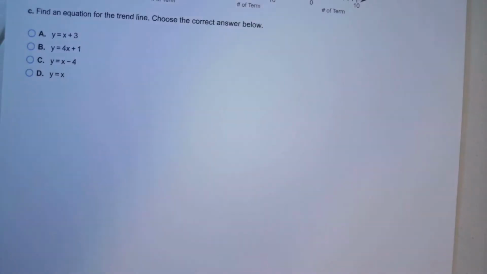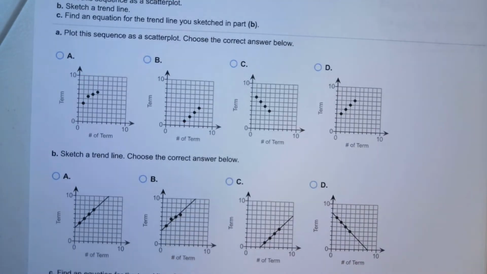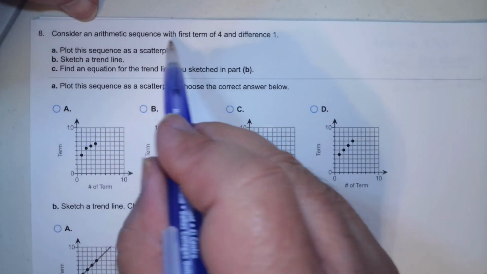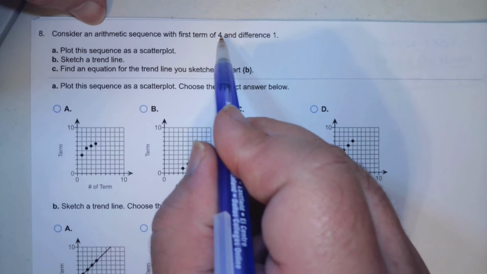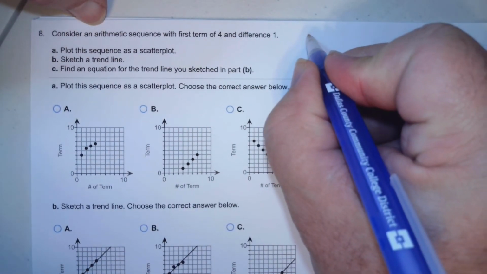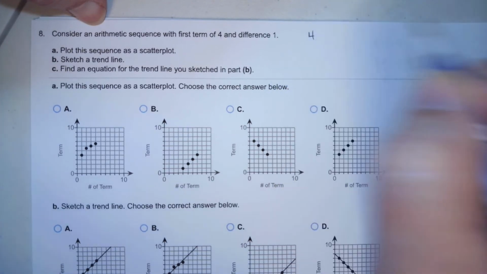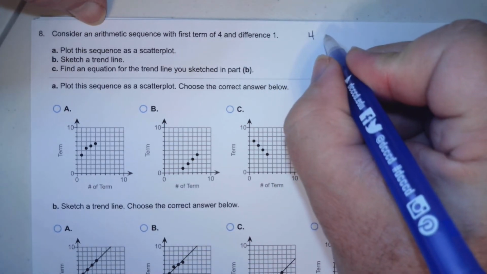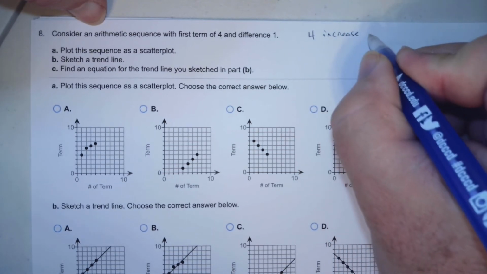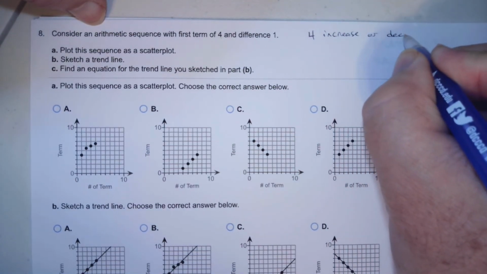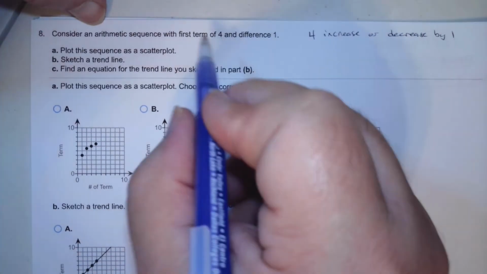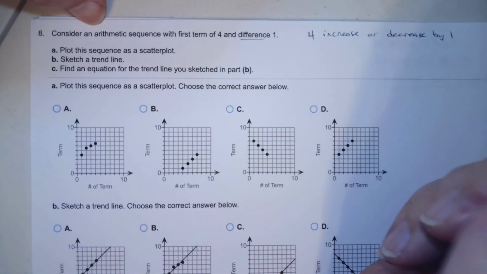All right. Let's look at these. Last question. Consider an arithmetic sequence with first term of 4 and difference of 1. So you start off at 4, then either increase or decrease by 1, because all it says is the difference is 1.